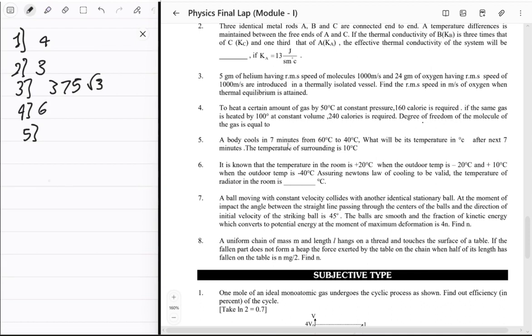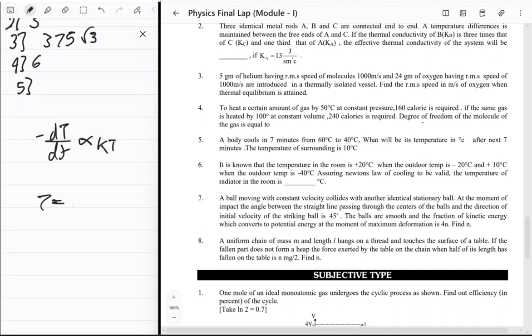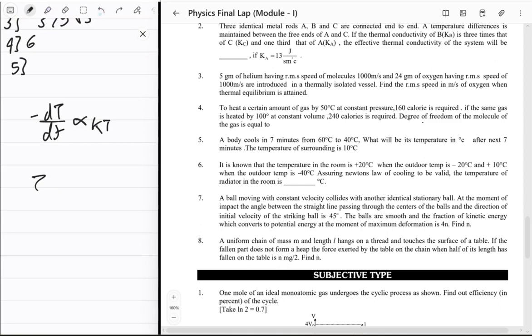So like, negative dT upon dt is proportional. Or ये जो T है, I'll just say this is the actual temperature minus the surrounding temperature. That's proportional to kT, right? Yeah. So basically T is just equal to, yeah, right. T is just equal to T naught e power negative kt.